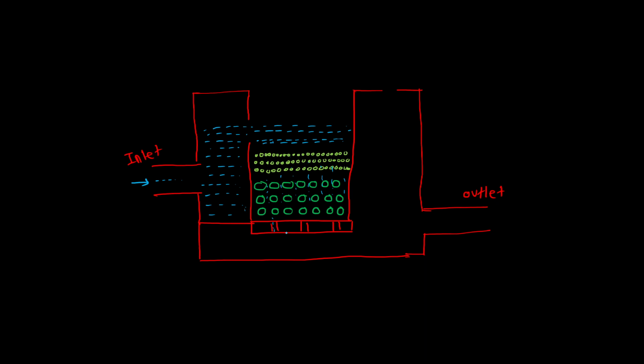Then it will slowly enter this under drainage system, the filtered water, and then the filtered water will get collected in the lowermost pipe. This filtered water is then taken out through the outlet. So from the outlet we are getting the clean water.